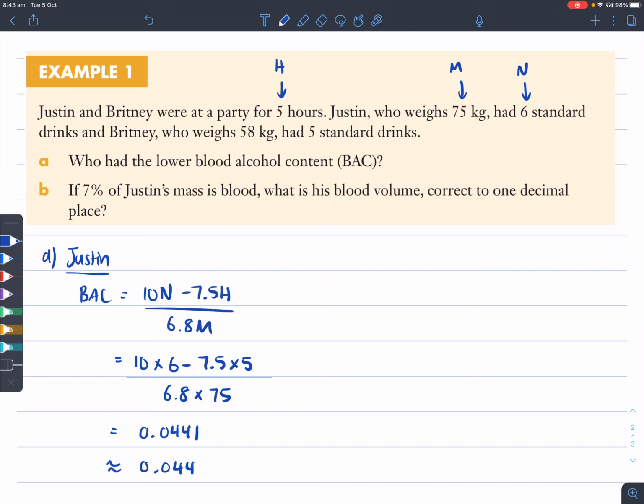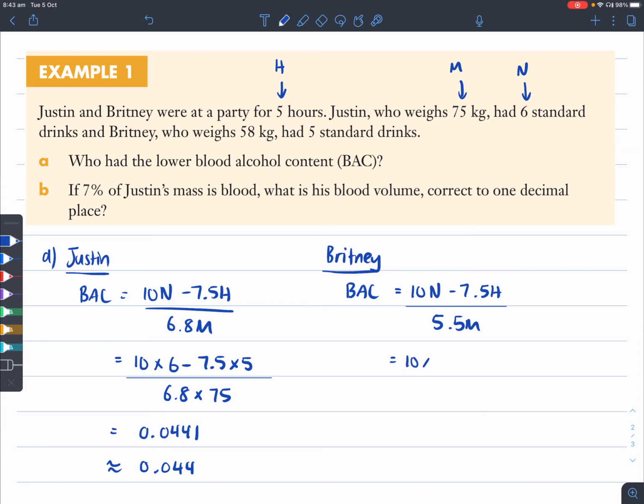So for Brittany, let's calculate her BAC, or blood alcohol content. Her formula is given by 10N minus 7.5H over 5.5M. So the formula we're using is slightly different because she's a female.